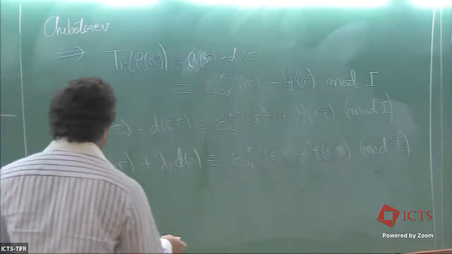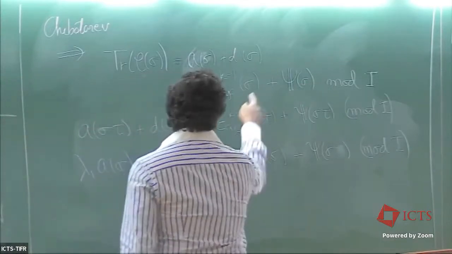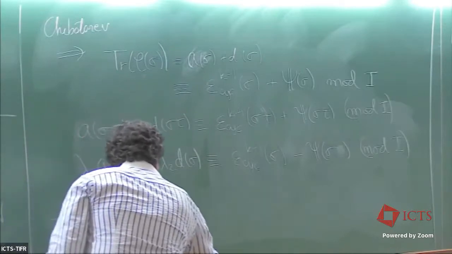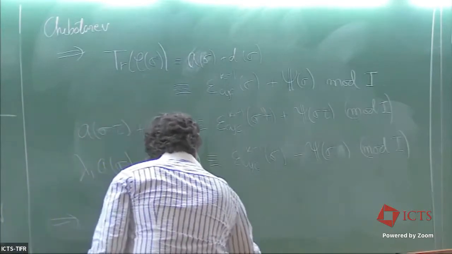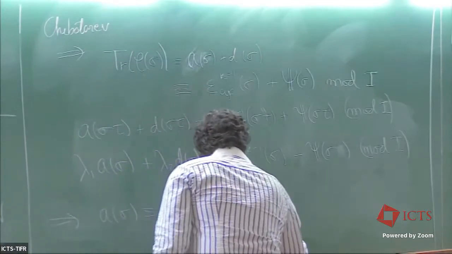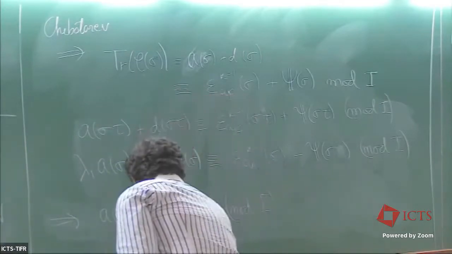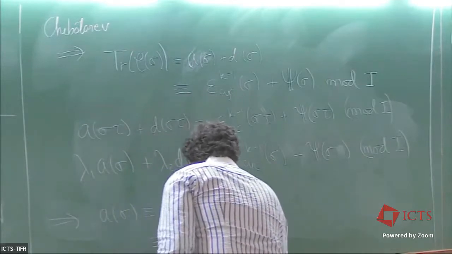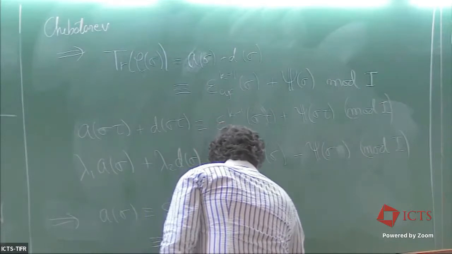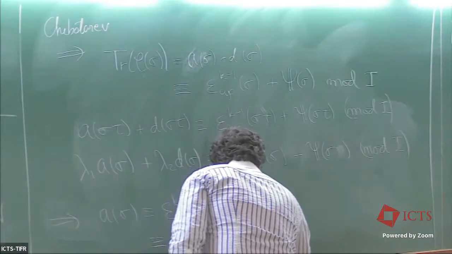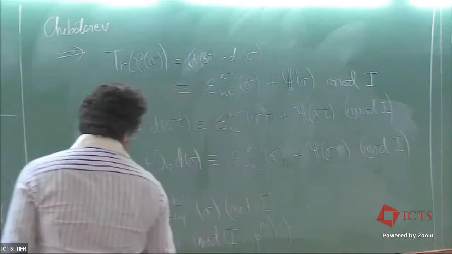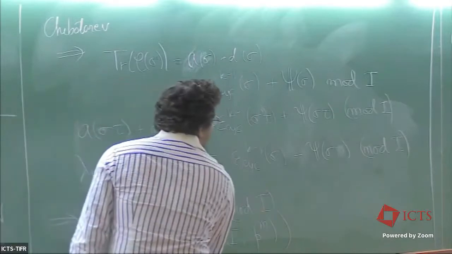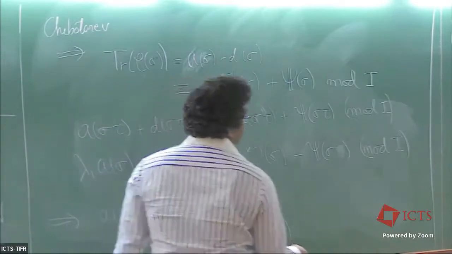Now putting these two things together, you get that A sigma is congruent to this thing mod I, and in fact modulo I and some large power of P, because this thing will be congruent to 1 modulo some large power of P. From now on, I'll be working with some large power of P, and this power of P depends on the weight that I'm working in.